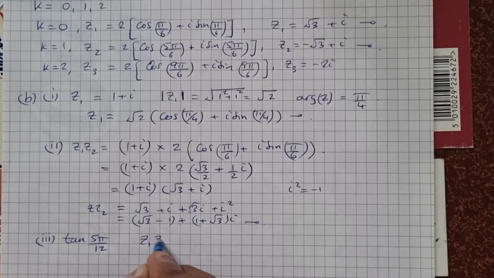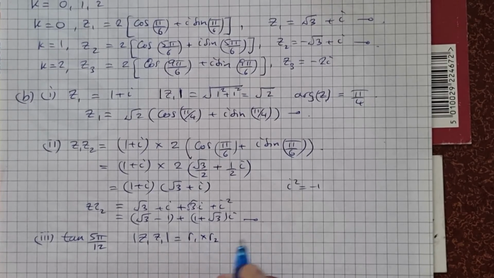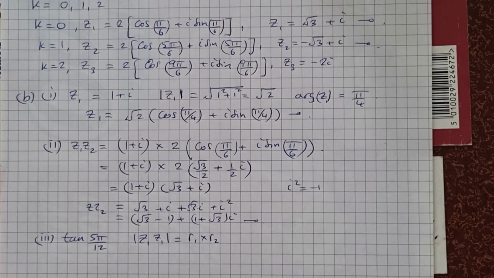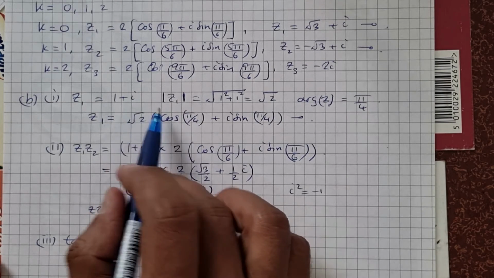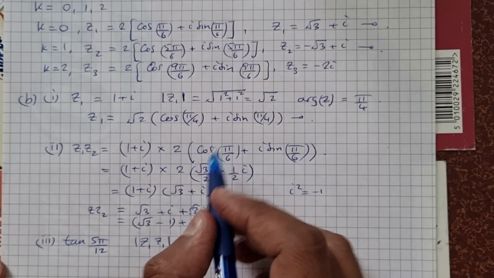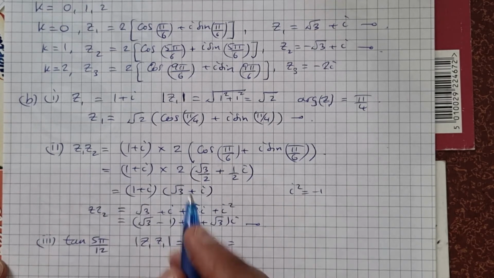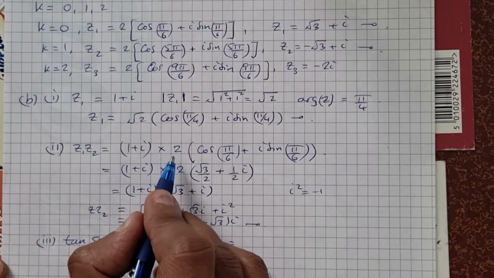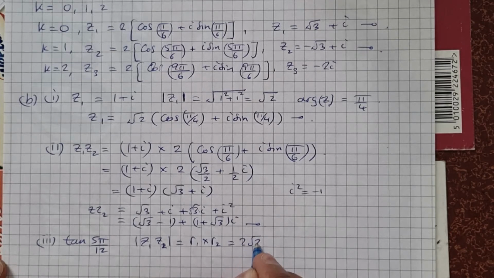So Z1 times Z2, if I were to take the modulus of that, it would be R1 times R2. What is R1? Where is R1? In our complex numbers, Z2 is 2, and Z1 is root of 2, yeah. So I got 2 root of 2.